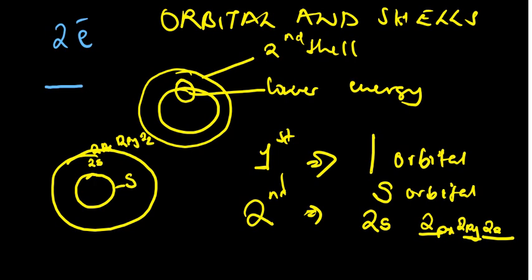So if there are 3 orbitals, you can only fill those orbitals with 2 electrons, 2 electrons, and 2 electrons. That's how it is. So the orbital with the lowest energy is the s orbital, like I have been highlighting.